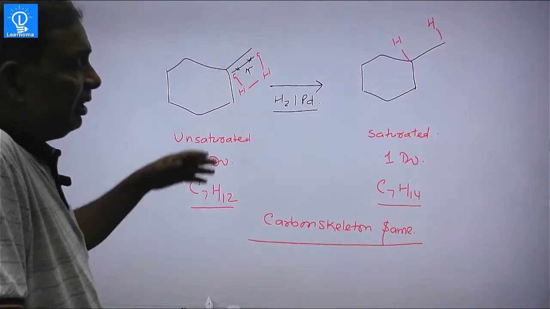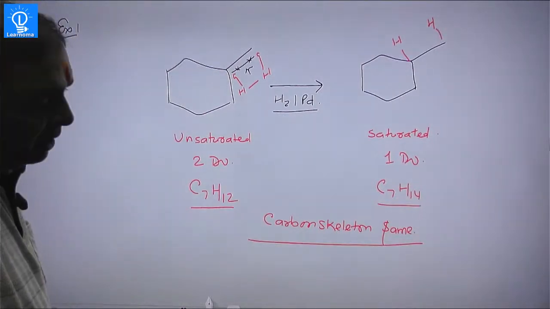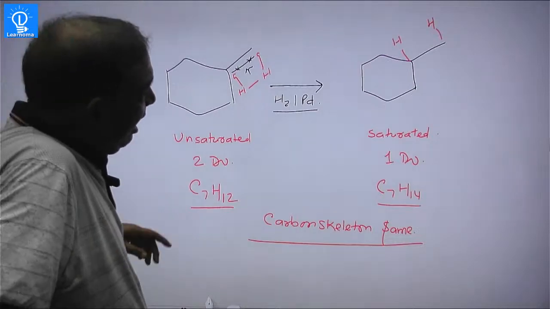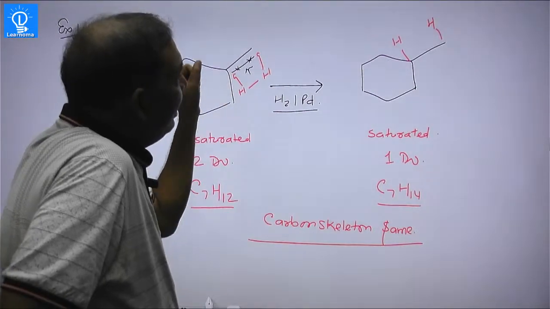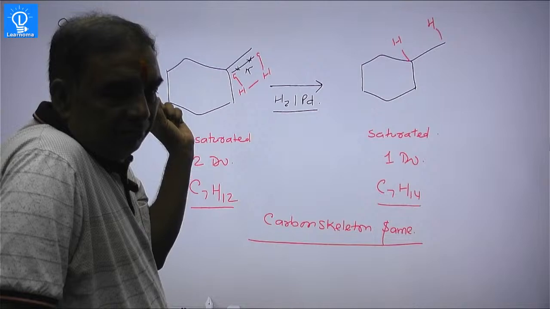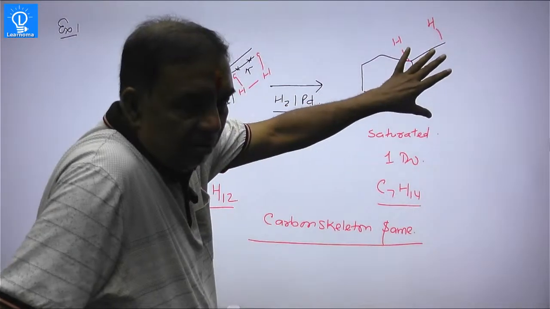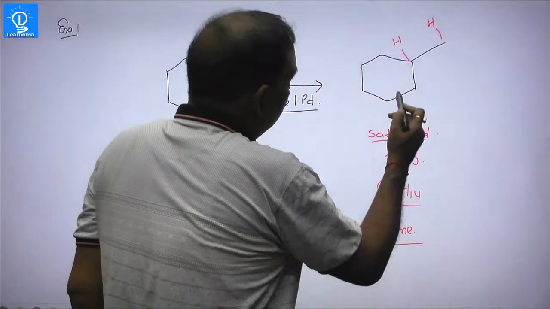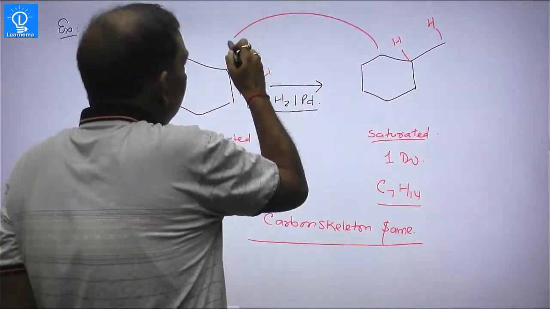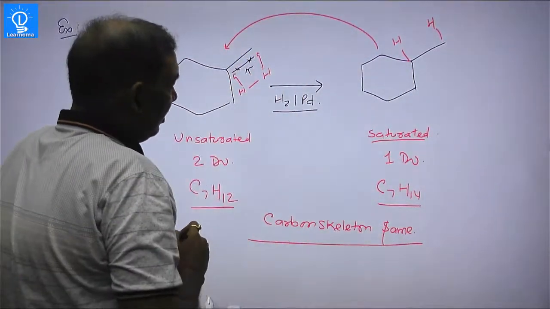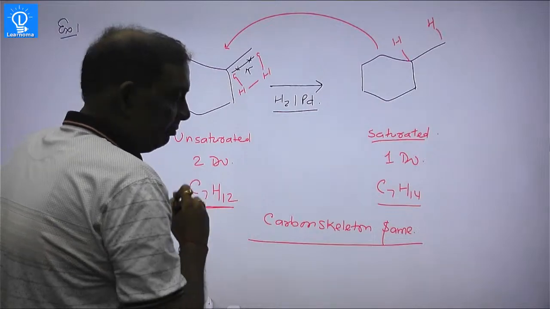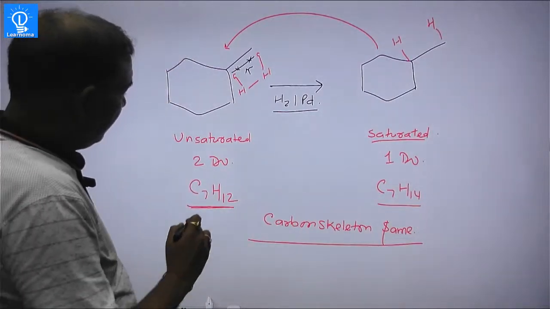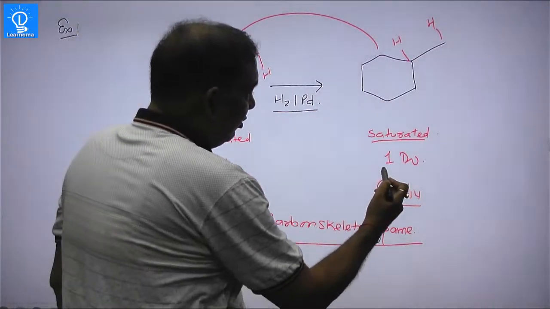See, the same thing is here. We have to work out which compound was there earlier. This is the product. What does this mean? This is saturated. This must have come from an unsaturated compound if the formula is given.